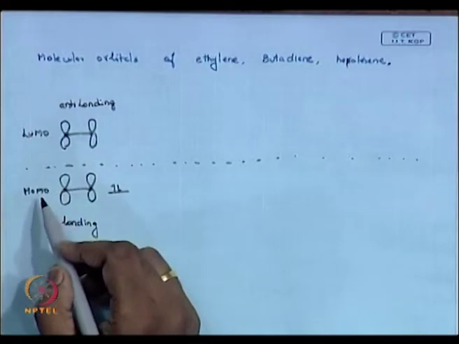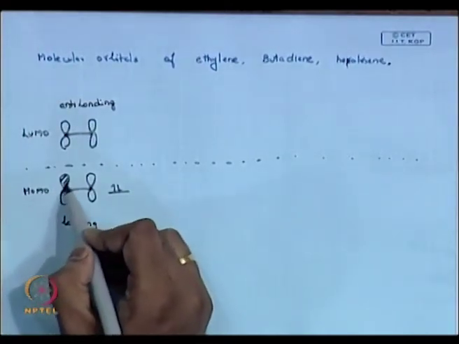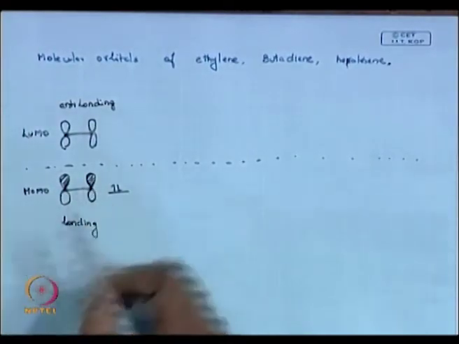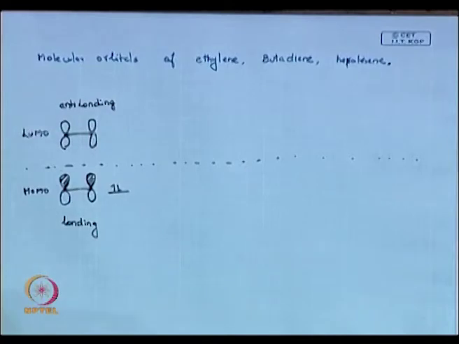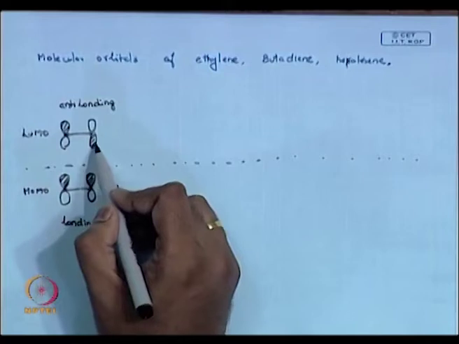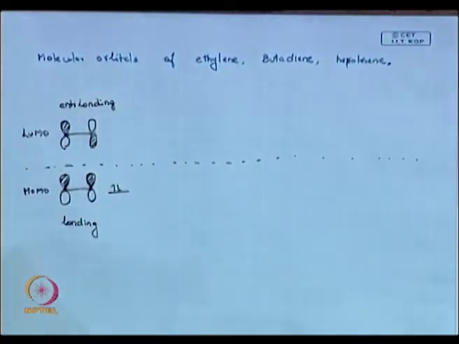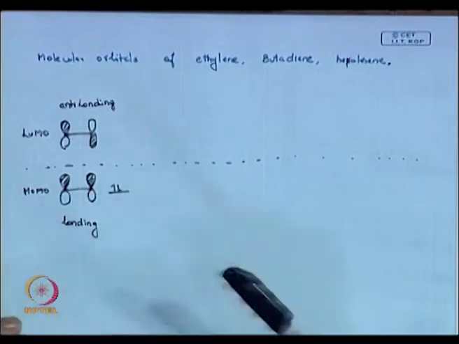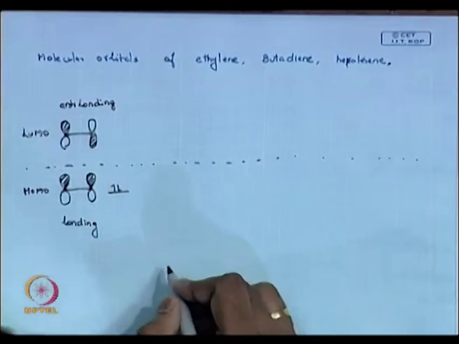If you see the face of ethylene, you get this face, which you have studied, and in antibonding it will be the reverse of it. You can build your butadiene based on this.